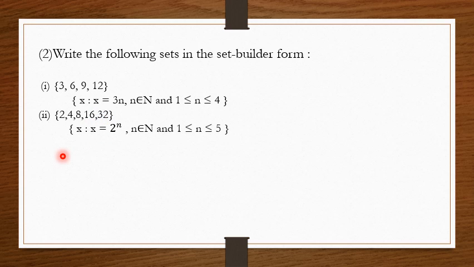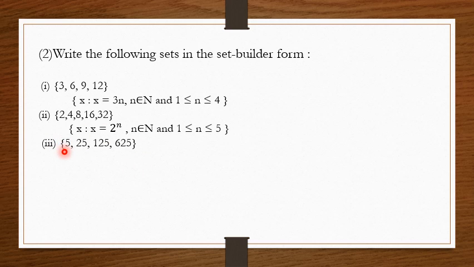In set builder form we write: the set of x such that x equals 2 raised to n, n is a natural number and the value of n lies between 1 and 5. That is, 2 raised to 1 is 2, 2 square is 4, 2 cube is 8, 2 raised to 4 is 16, 2 raised to 5 is 32.